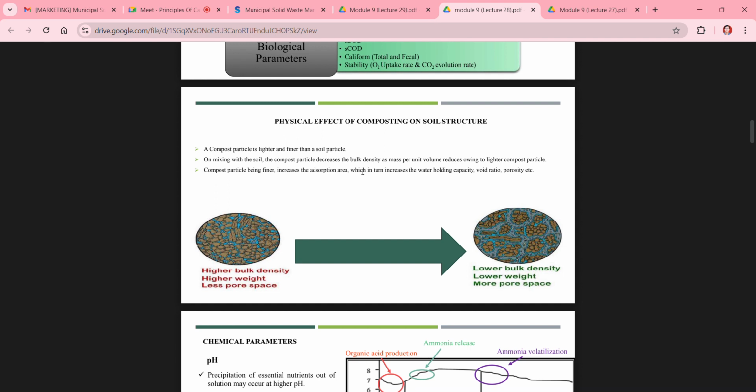The volume will be on the lower side and surface area on the higher side, and that will create more porosity inside the compost material. Due to that, the capillary voids will be in a larger amount, and those capillary voids are going to hold the water, and it will increase the total water holding capacity of the soil material.